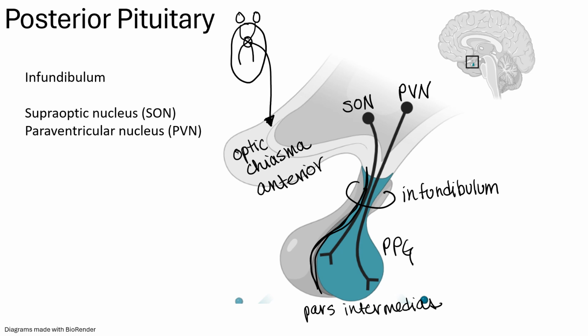These neurons make the only two hormones secreted by the posterior pituitary. These hormones are not made in the posterior pituitary. They are made up here in the cell bodies in the hypothalamus. Then the hormones are transported anterograde down to the axon terminals, where they wait for the signal to enter into the blood.